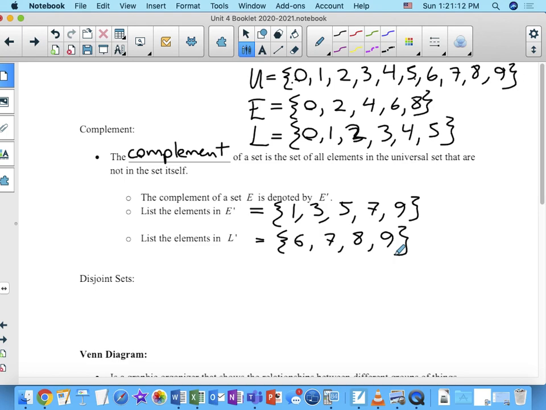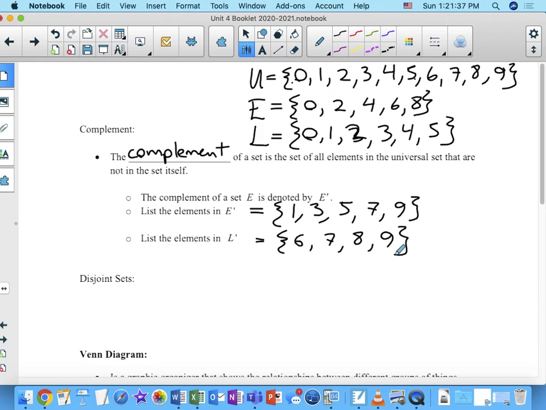Now, one thing that's also important to know about a subset and its complement is that if you add them together, you should get the universal set, right? So if I take a look at E, which is 0, 2, 4, 6, 8, and I add E complement, 1, 3, 5, 7, 9, if I add all of those elements together, I should always get the universal set.